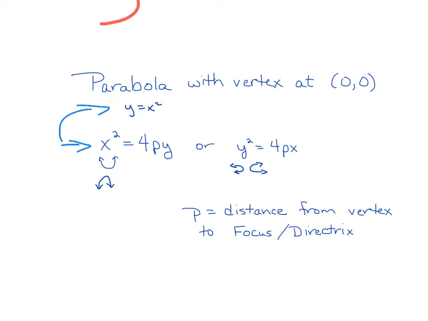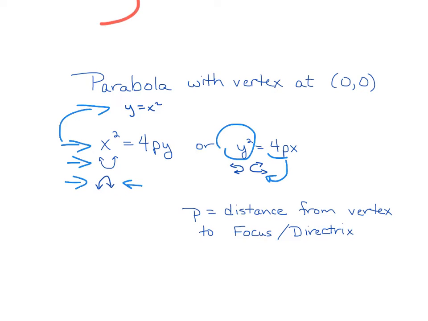When the variable that's squared is the y, then this is when our graph will be the sideways parabola, and it'll look like a C or backwards C. Now, when the 4px is positive, then it'll look like a C. But when it's a negative number, it'll be backwards. Just like the same with our U and our upside down U. Remember, when it was positive, it was happy, and when it was negative, it was sad, and it looked like a frown. So the p-value that we're going to be calculating is going to be the distance from the vertex to the focus point and the directrix.